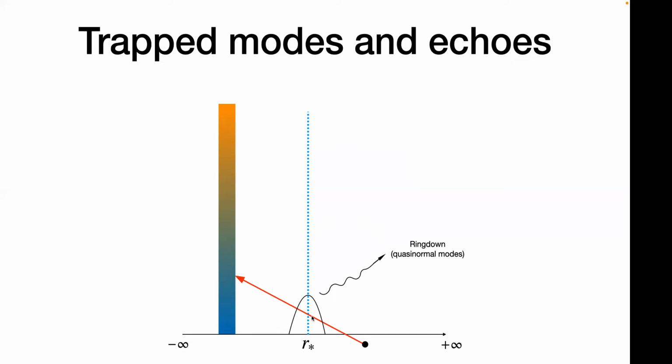As it keeps falling into the system and hits this reflective surface, a part of it can be reflected and come out. Part of the wave can penetrate the black hole potential and escape to infinity. This signal is called an echo. The whole process can repeat itself, and we can have a series of echoes at infinity.